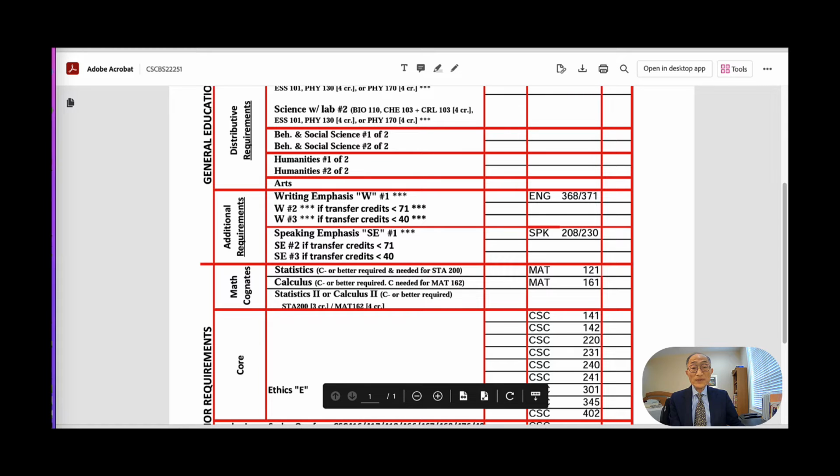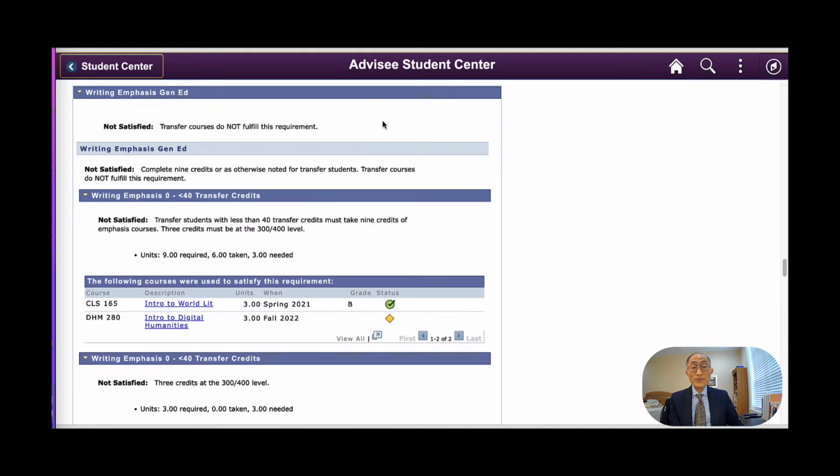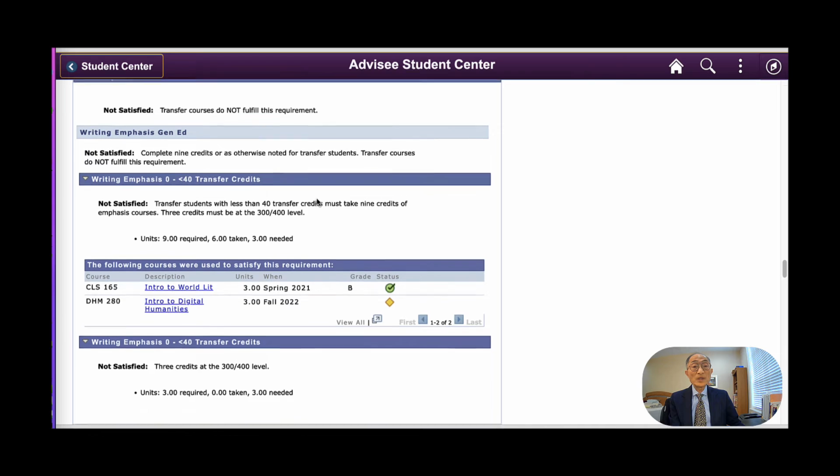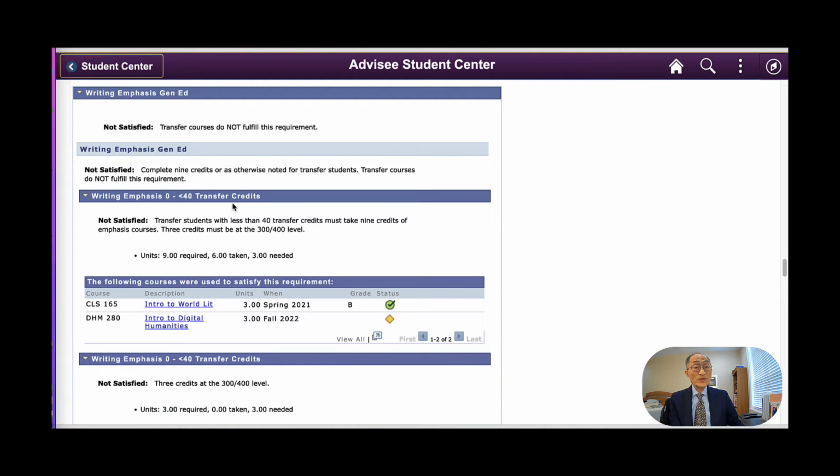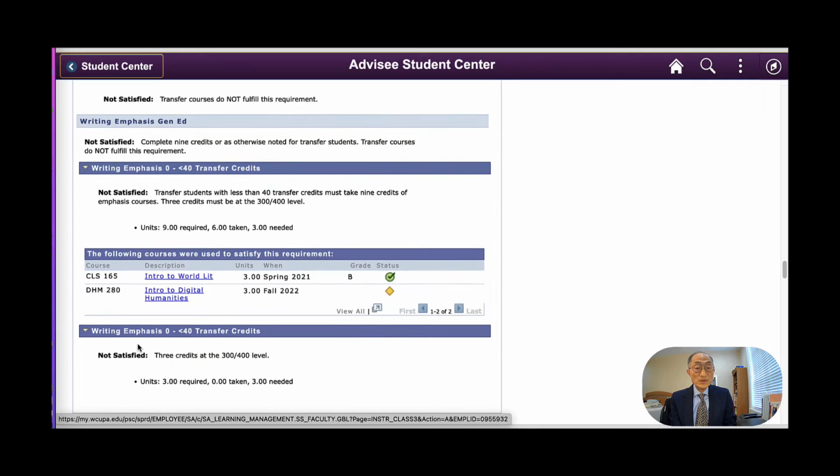360A, 371. When you compare this with the degree progress report, you may be confused, because here says writing emphasis is not satisfied, and it says writing emphasis less than 40, 9 required, 6 taken, 3 needed.